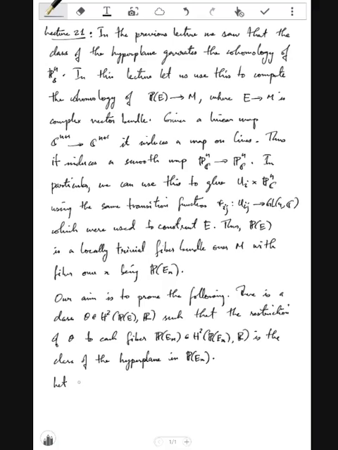So let pi from P(E) to M denote the bundle map.